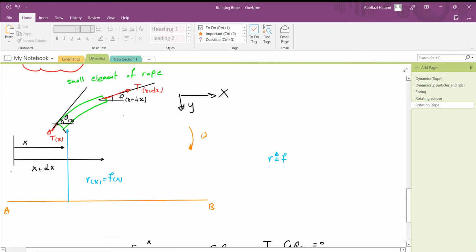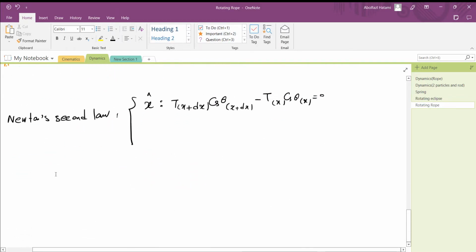Actually, because this is theta x, this is T(x) cosine of theta x, and we don't have any acceleration in the x direction.